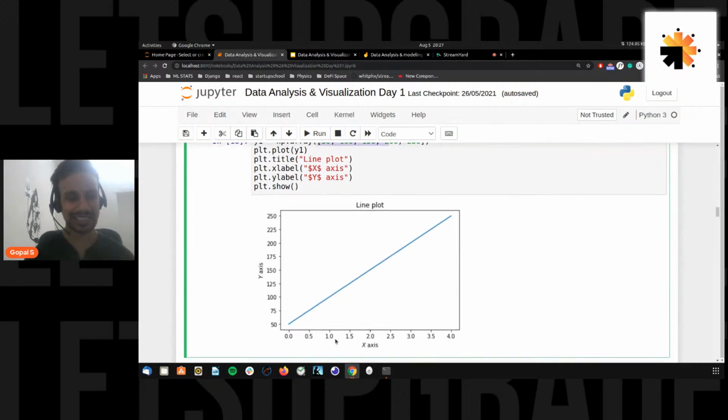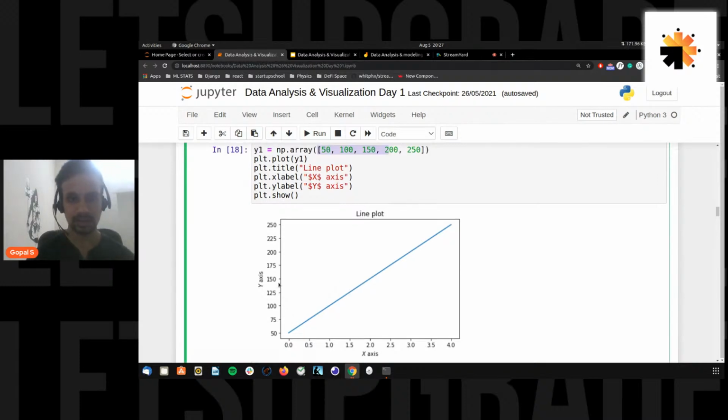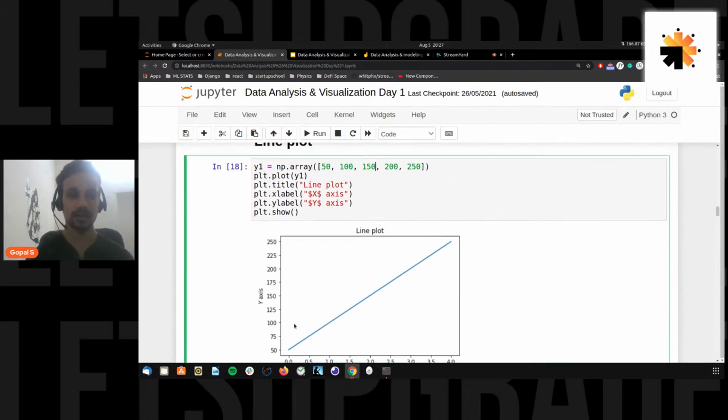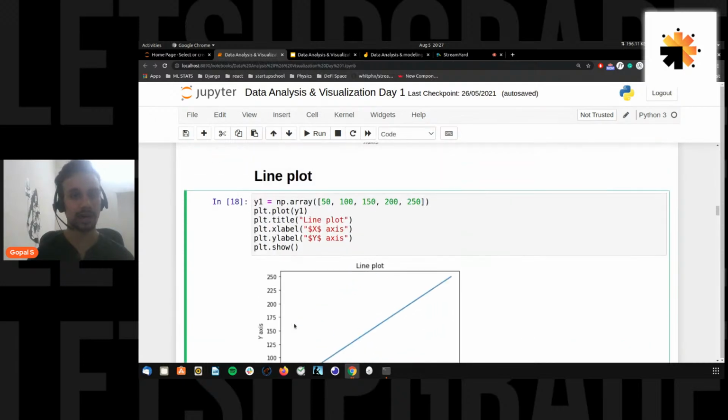And for the x-axis, it divides those values. How many values do we have here? 5. If you include 0 as well, 0, 1, 2, 3, 4, these are the 5 values. Okay, so that is how.